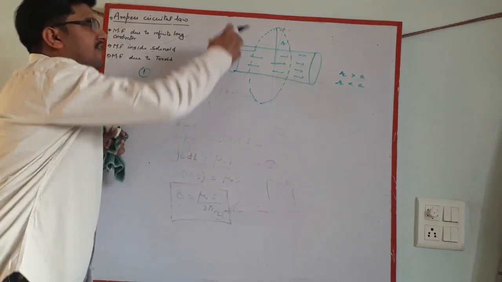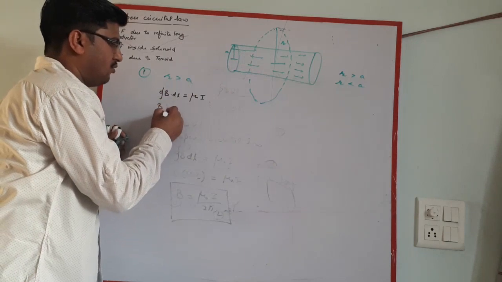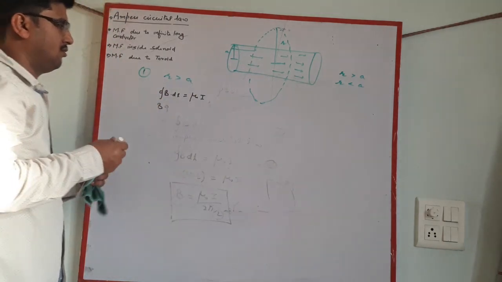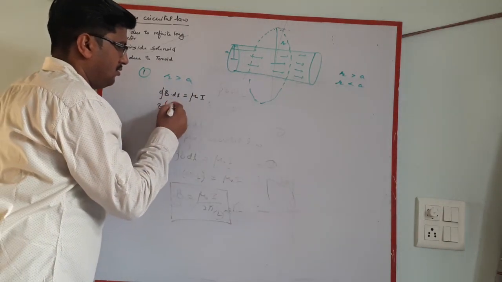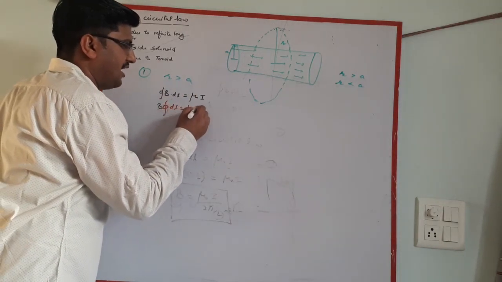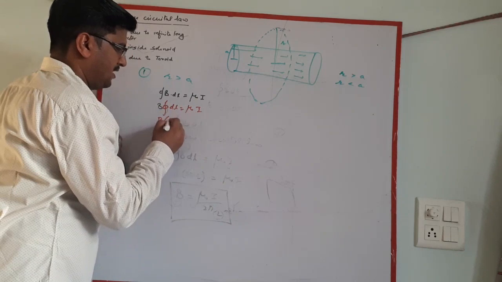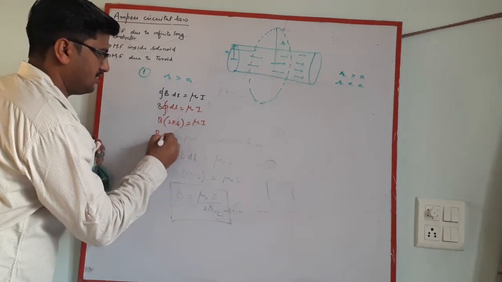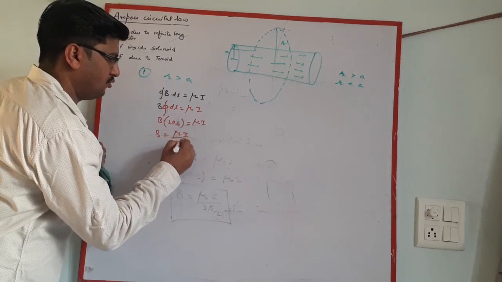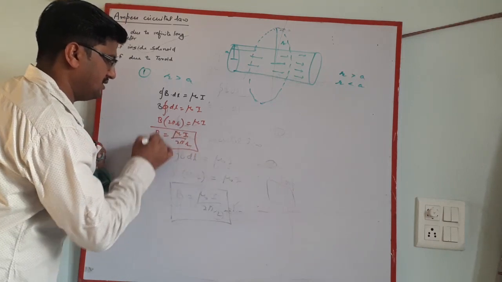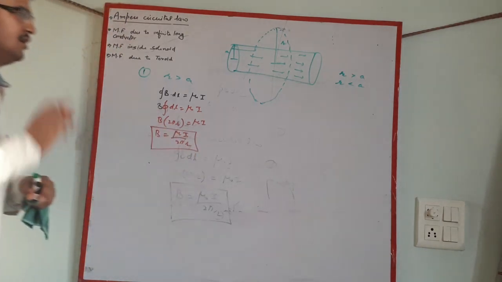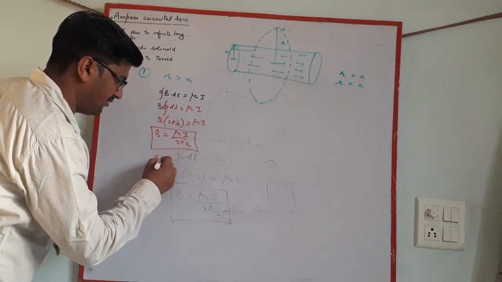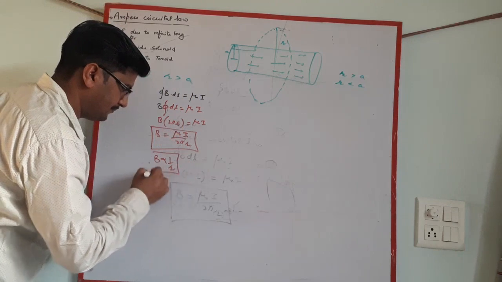B is constant over the whole circle, so B comes out, and the integral of dl is 2 pi r. So B times 2 pi r is equal to mu naught I, and B is equal to mu naught I upon 2 pi r. This is the magnetic field when r is greater than a. That means B is inversely proportional to r.